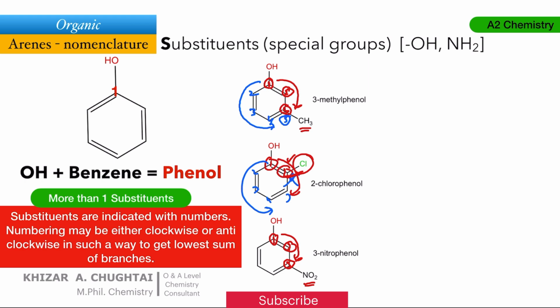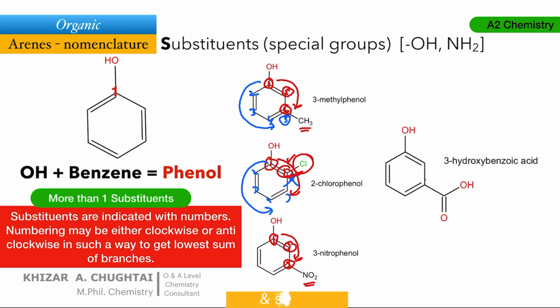But if a major functional group is present with the OH group, then the major functional group will be at number 1. I mean, in this case, here is the major functional group, that is carboxylic acid, and this is OH group.